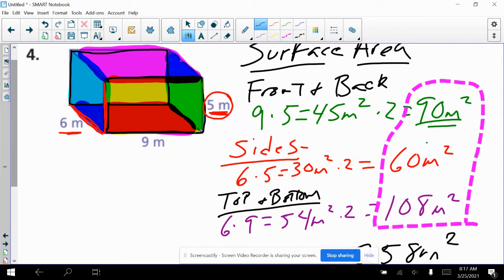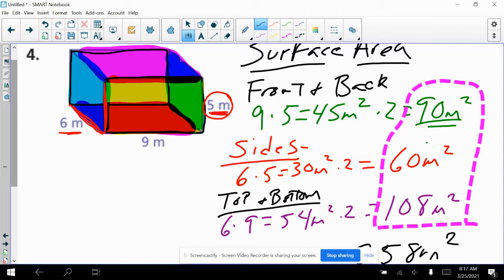Why did you really only have to do 3, but there's 6 sides, Emma? Okay, opposite sides are the same thing. When you get a rectangular prism, you should be really happy because you're really only doing three calculations and you're doubling them. That's the beauty of a rectangular prism when it comes to surface area, because the opposite side is the same.